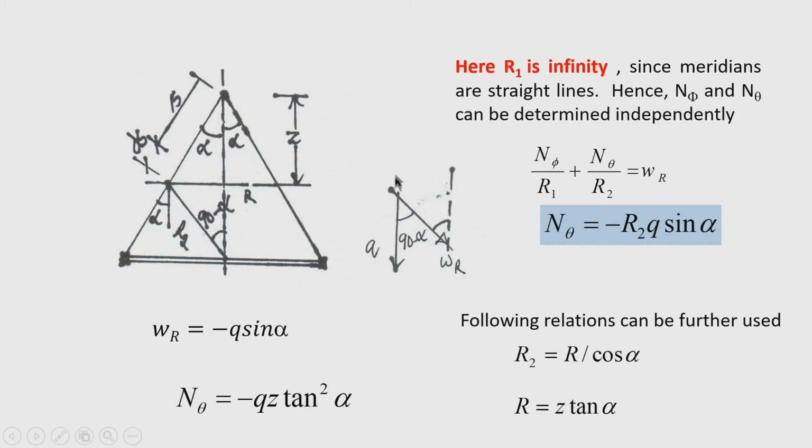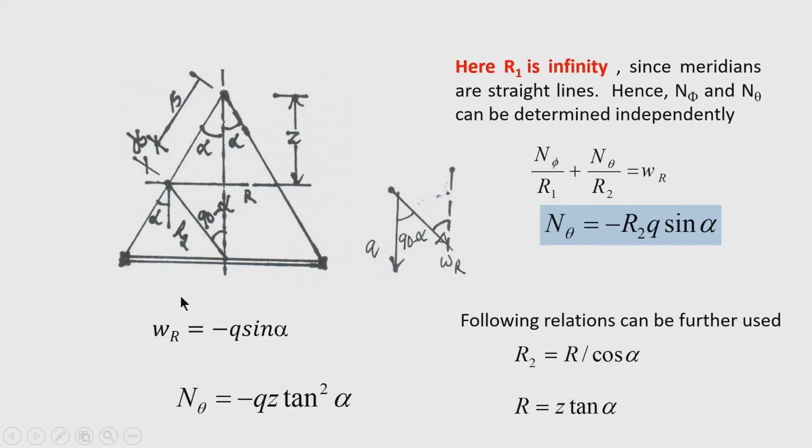Here q is the vertical load, and after resolving q along the radial direction, we get minus q sin alpha. So, n theta is found as minus r 2 q sin alpha, and you can substitute r 2 as r divided by cos alpha, and r is again z tan alpha.